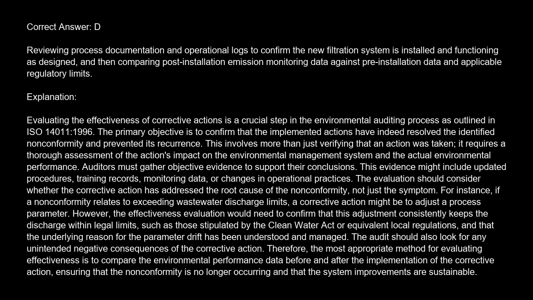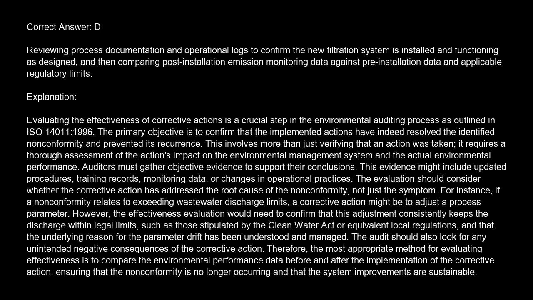It requires a thorough assessment of the action's impact on the environmental management system and the actual environmental performance. Auditors must gather objective evidence to support their conclusions. This evidence might include updated procedures, training records, monitoring data, or changes in operational practices. The evaluation should consider whether the corrective action has addressed the root cause of the nonconformity, not just the symptom.